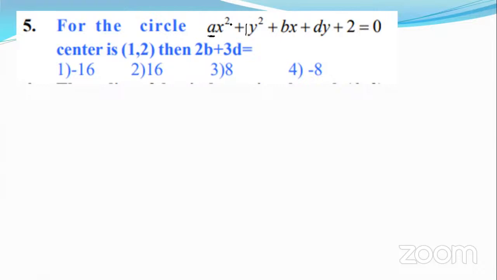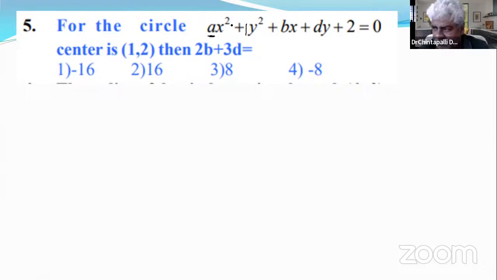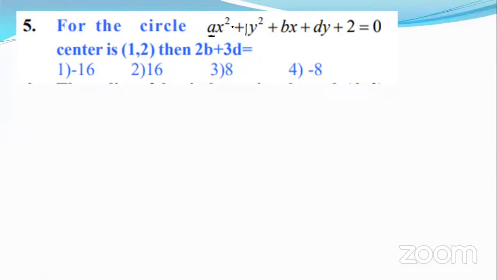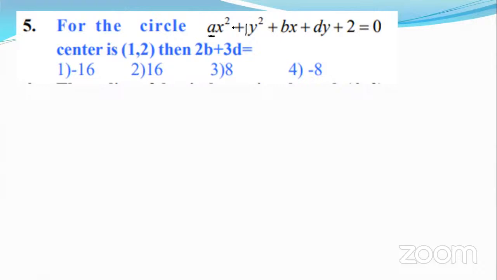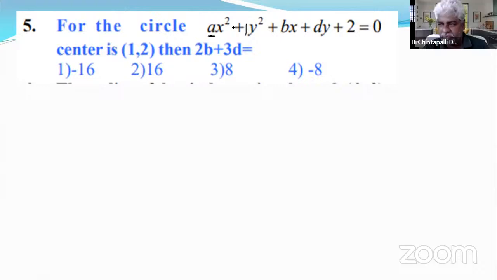So what is the result of using that condition? Can we just find the centers? The centers are negative b and negative d? Not directly. First of all, make that equation in standard form.